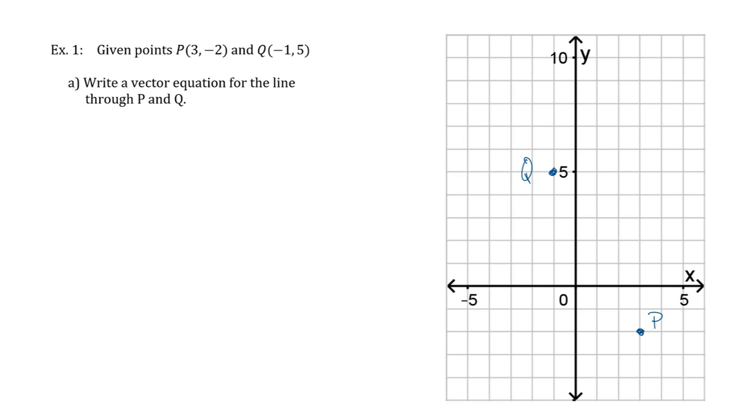Well, we've got 2 points, so we can just pick one of them, okay? So I'm going to pick P, because why not? And vector P will be the vector 3, -2, okay? And that goes with point P, 3, -2. But I need it to be a position vector, so I'm just defining it as vector P.